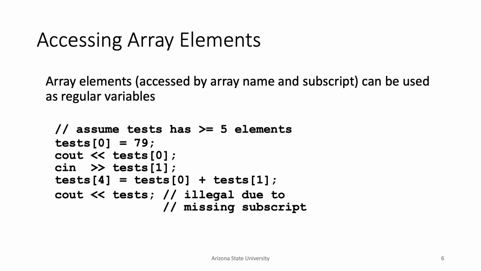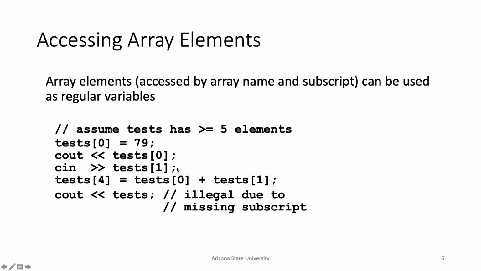If I want to get the value of tests of 0, I put it on the right side of the equal sign, or in a cout expression, cin, whatever. So I can use the same expression to denote getting the value and setting the value, which is nice. So tests of 0 would print 79 here.